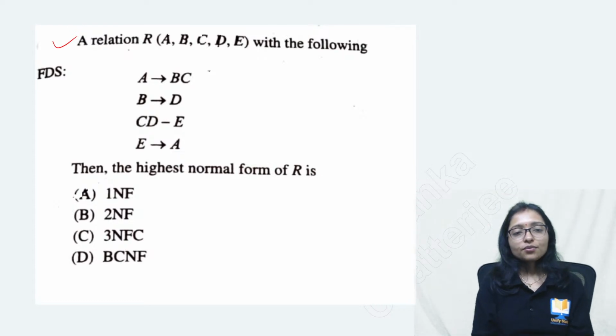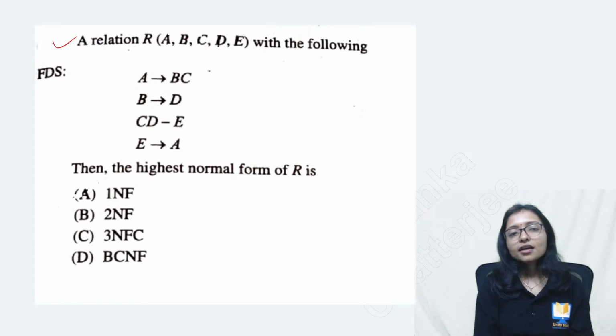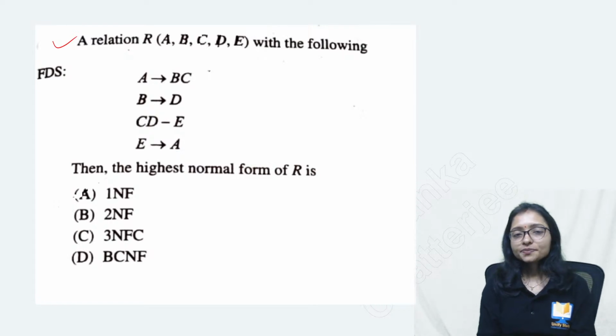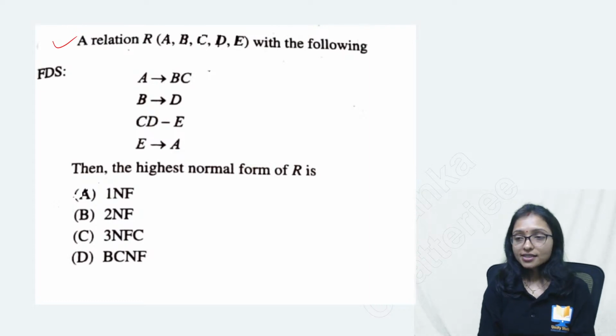Now tell me. First of all, tell me what is the candidate key here. In this question, which one is your candidate key? Can you find out? Tell me, what is your candidate key?